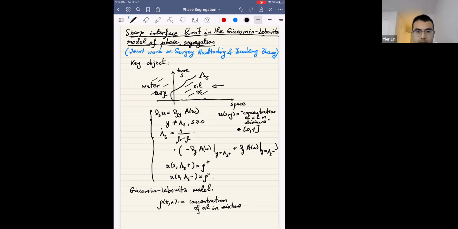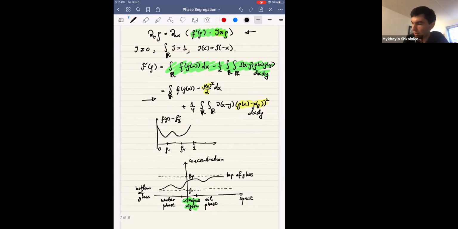The general case corresponds to starting on both sides, away from equilibrium in general. So you have some initial condition which is not constant in general on both sides. In terms of rho, you can think of this picture here. You start near rho plus, but with some fluctuating concentration to the right of the interface, and you start near rho minus, but with some non-constant concentration on the other side.